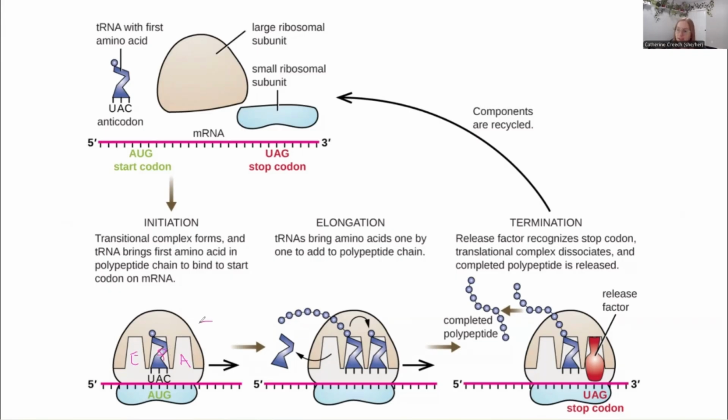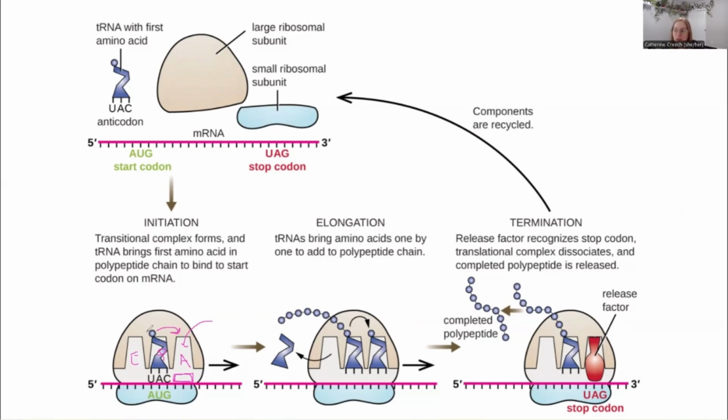A new amino acid carrying tRNA will attach to the A site. We will know it's the right one because its anticodon region will bind to the mRNA at the codon that's in there. And then your ribosome will shift over, and this polypeptide here will attach to the amino acid that is on top of the newest tRNA.